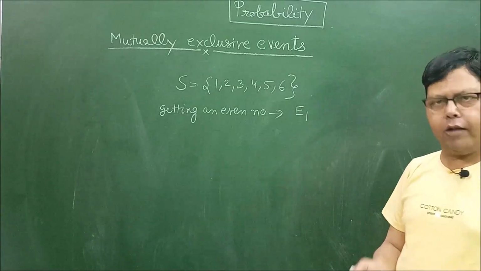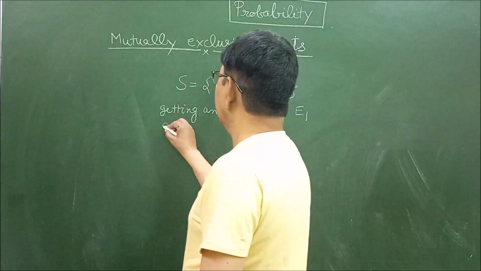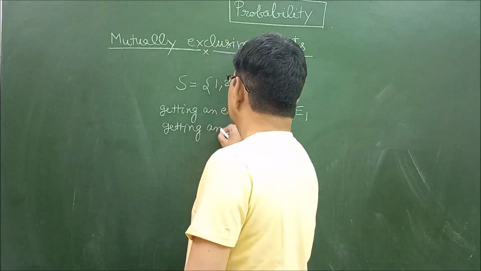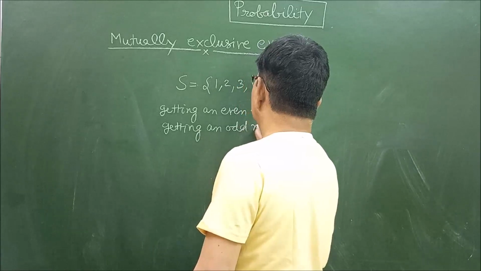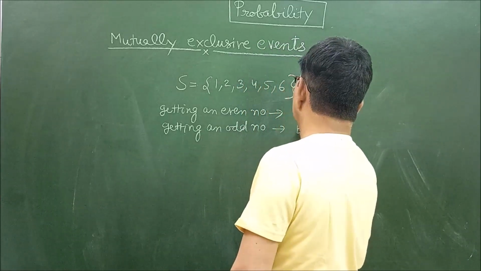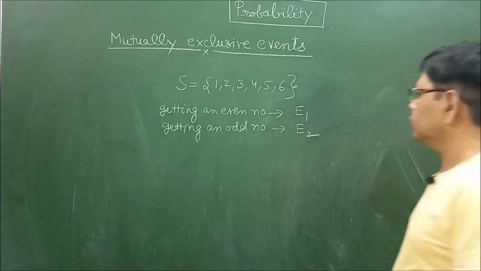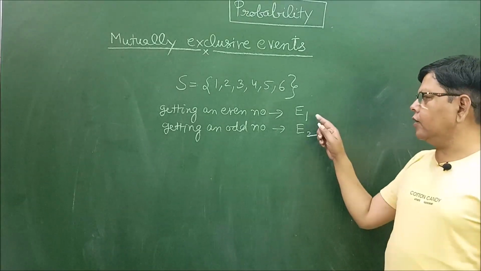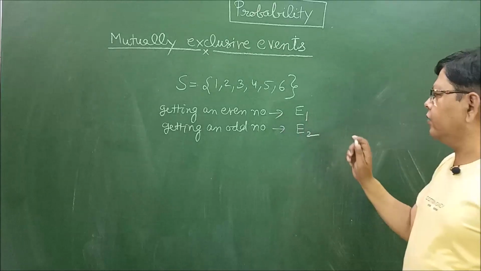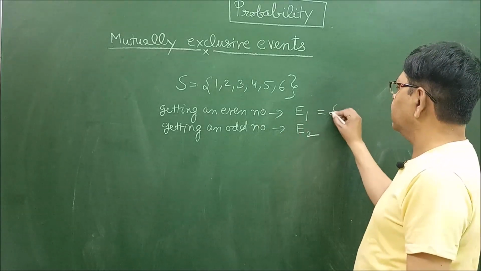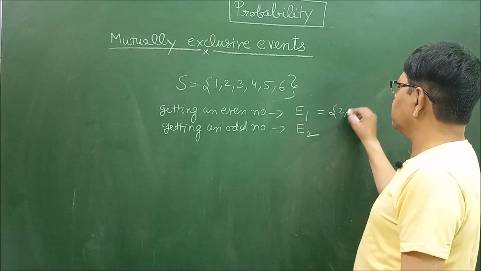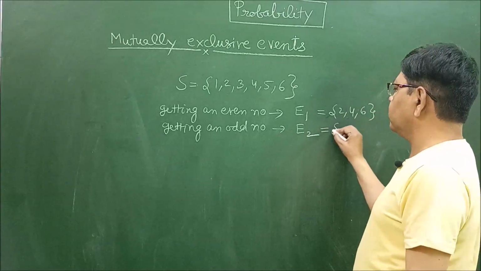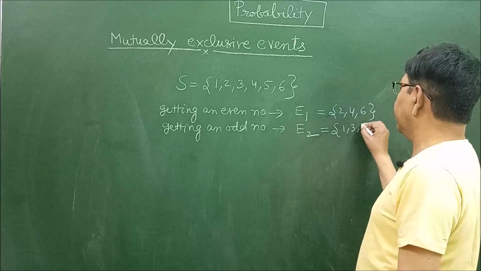Getting an odd number on throwing a die, this is event E2. Now E1, getting an even number, consists of the elements 2, 4, 6. And E2 consists of the elements 1, 3, 5.